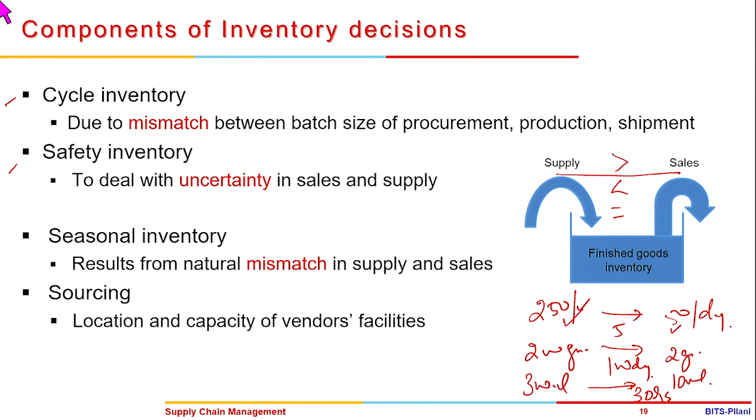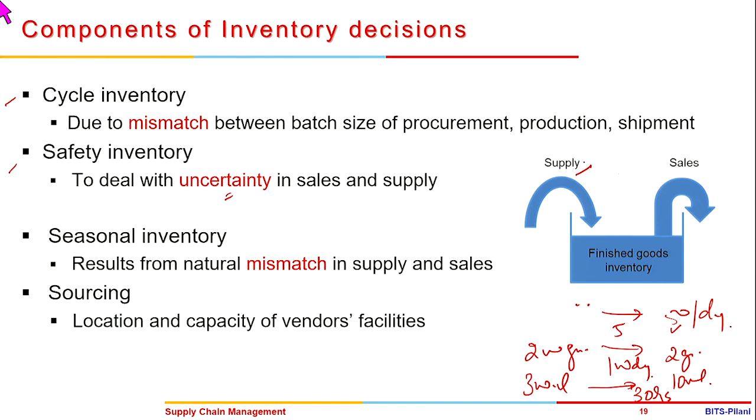The next type of inventory is called safety inventory. The purpose of this inventory is to deal with uncertainty. There can be uncertainties on both the left hand side and the right hand side.